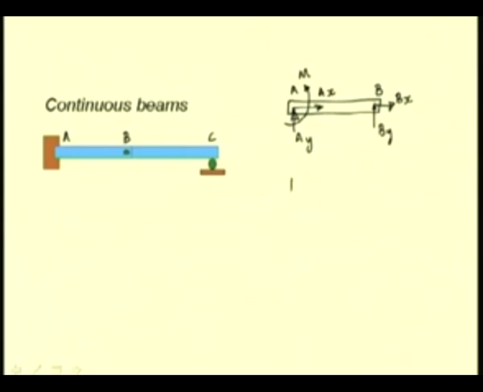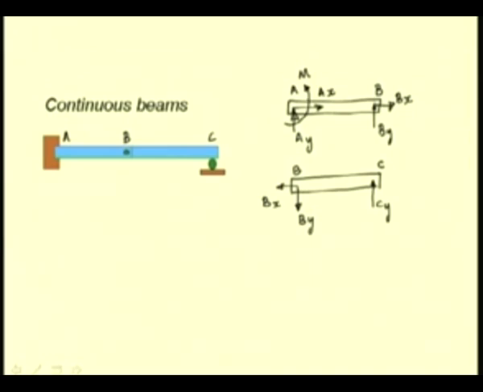Let us consider the free body diagram of the beam BC. At B, we have an equal and opposite joint force as shown in the free body diagram of AB. So, we have these forces Bx and By, and at C, since the beam is supported by a roller, we have a vertical component of reaction, say C1.